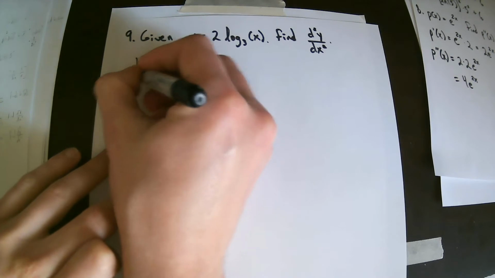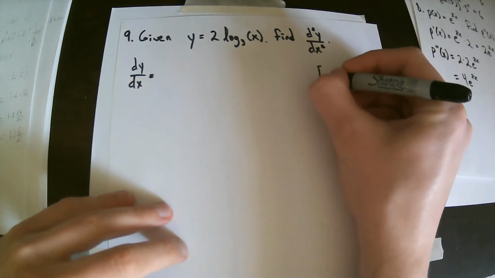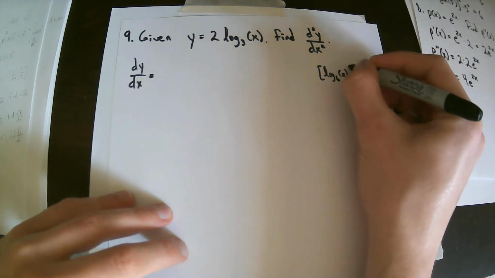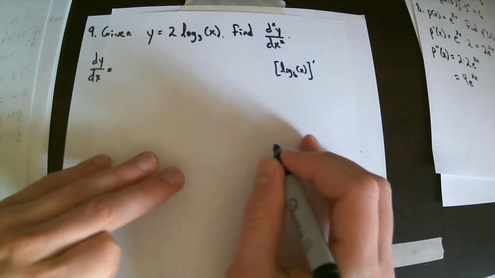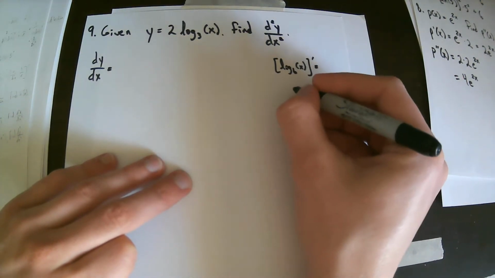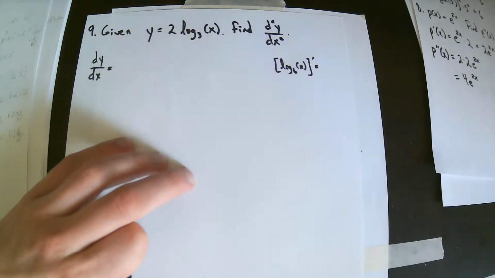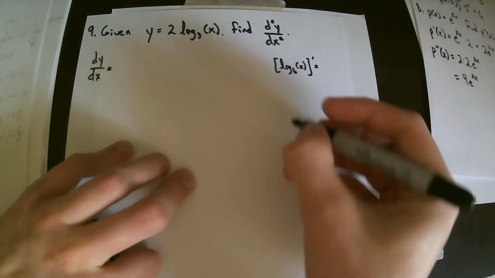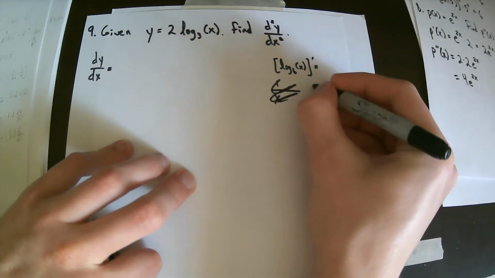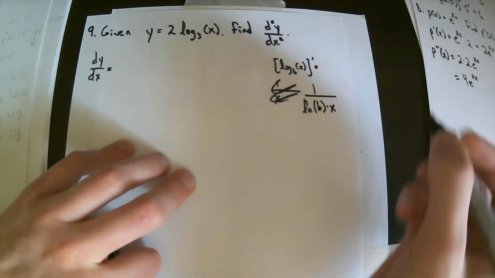Well, dy/dx. This is a log function, so let's recall that for log base b of x, the derivative is 1 over ln of b times x.